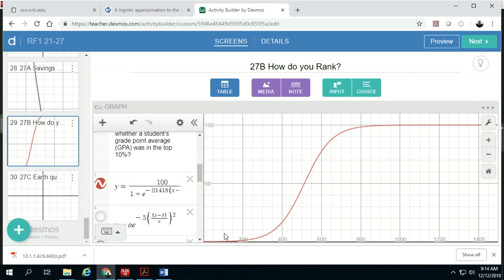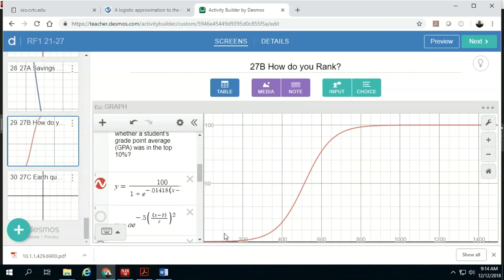By the time you get to a score of 200, you're already maybe even 2 or 3 percentile, right? You'd be at the 10th percentile right around 350. The 20th percentile, if you had a score a little over 400. The 30th percentile, a score of a little over 450.